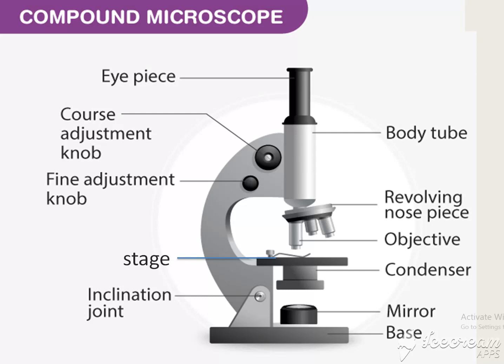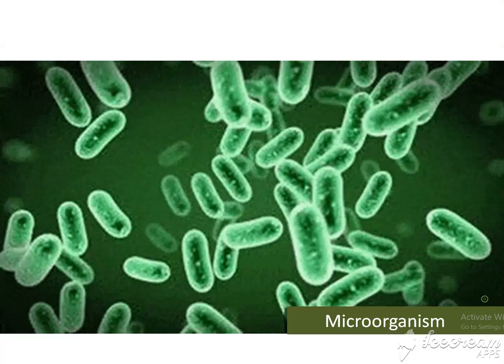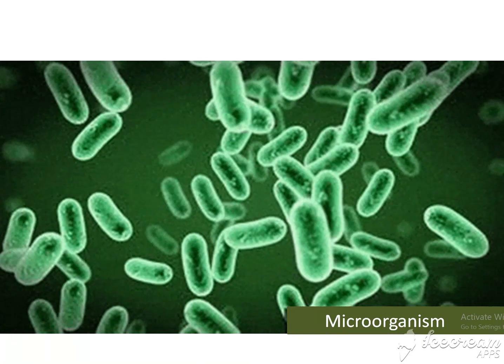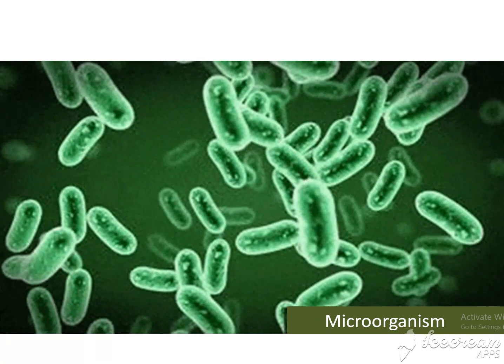And how do we take care of the microscope? We have to clean the microscope with a clean cloth and keep the specimen on the stage, and then through the eyepiece we can see the microorganism. Then the microorganisms are grouped into 5 major categories.